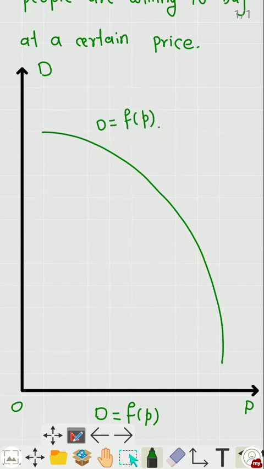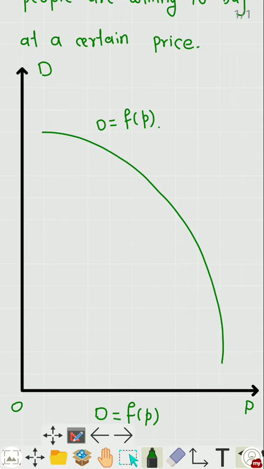As price increases, the demand value decreases. For the highest price we have lower demand for the product. Observe that it is the demand which depends on the price.